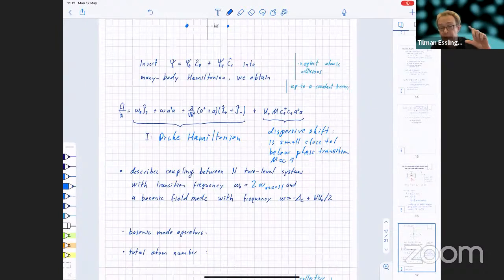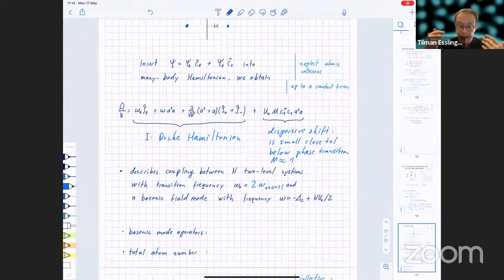And now you see the trick why this is such a nice realization of the Dicke model, or the Dicke phase transition, because the Dicke phase transition basically says, well, what is happening if you drive a 2-level system so strongly that your vacuum Rabi splitting is as large as the separation between the energies.